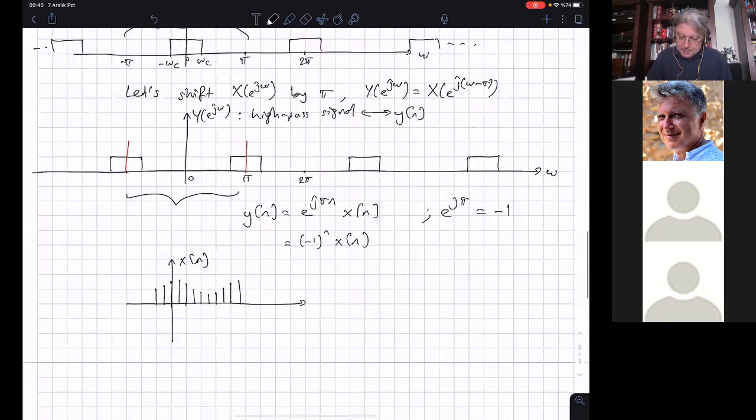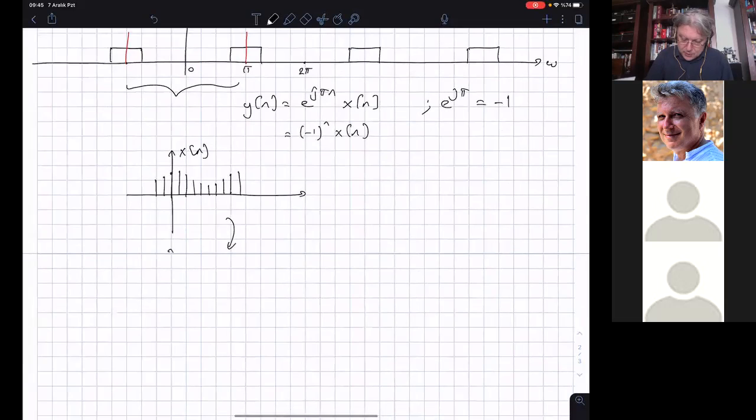Then y of n becomes alternating in signs. For even n, for n equal to 0, 2, 4, minus 2, minus 4, etc., it will stay. But for all odd indices, 1, 3, 5, minus 1, minus 7, etc., it will be multiplied by minus 1.